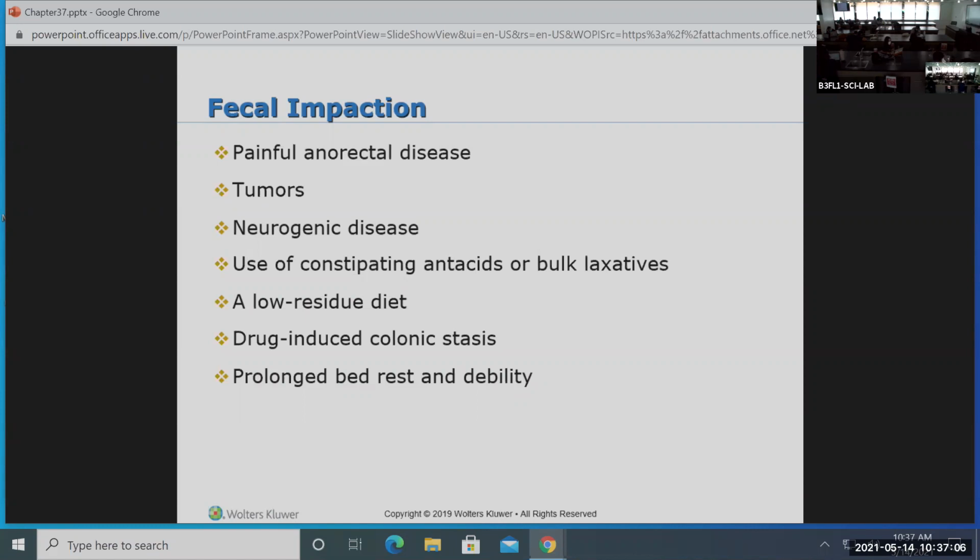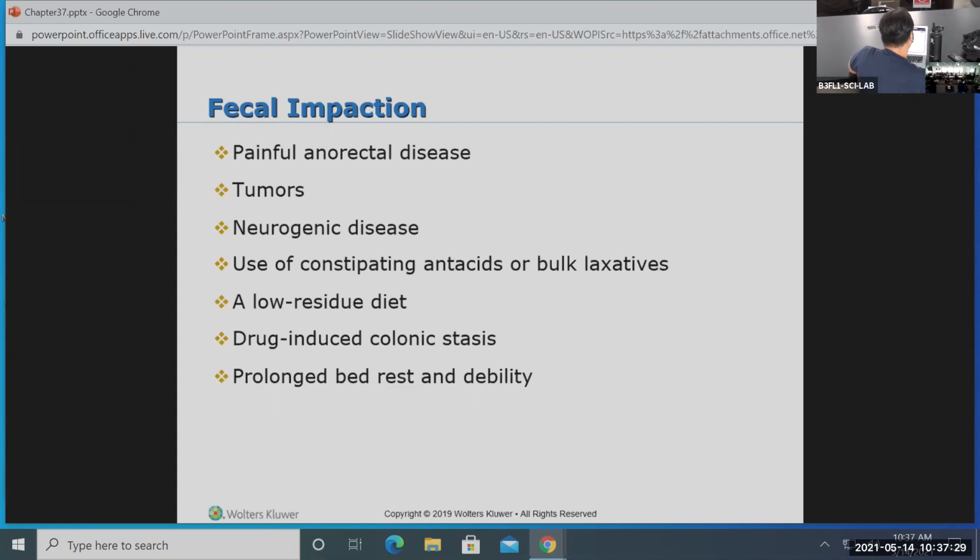If you're taking laxatives, you have to have plenty of fluid. Next, a low residue diet, low fiber diet. Maybe drug induced. The last one over here is prolonged bed rest and debility.